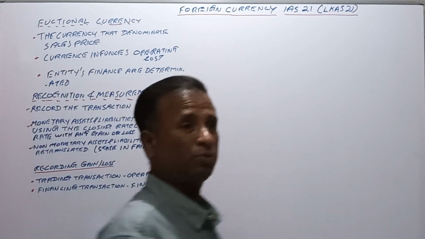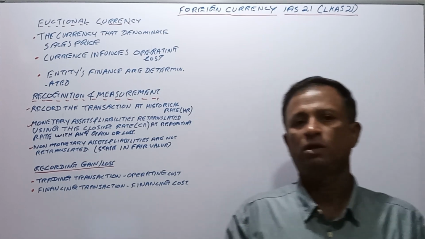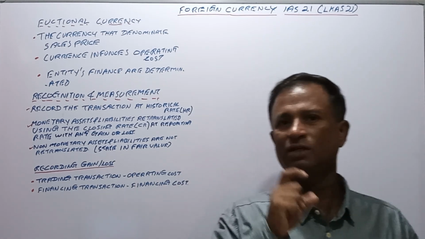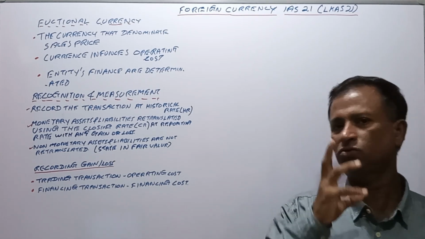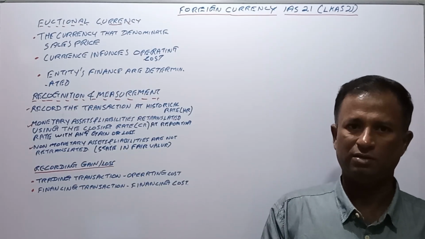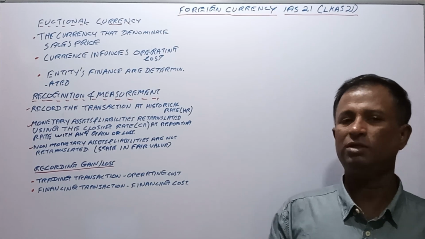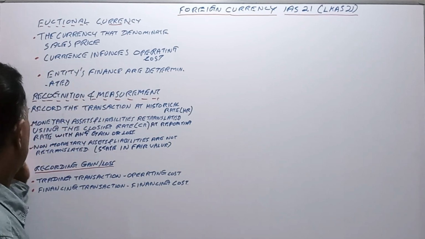The historical rate is the exchange rate that prevails on the date of the transaction, when the transaction takes place. Once you are dispatching, sending your documents, that is the date. Record the historical rate.